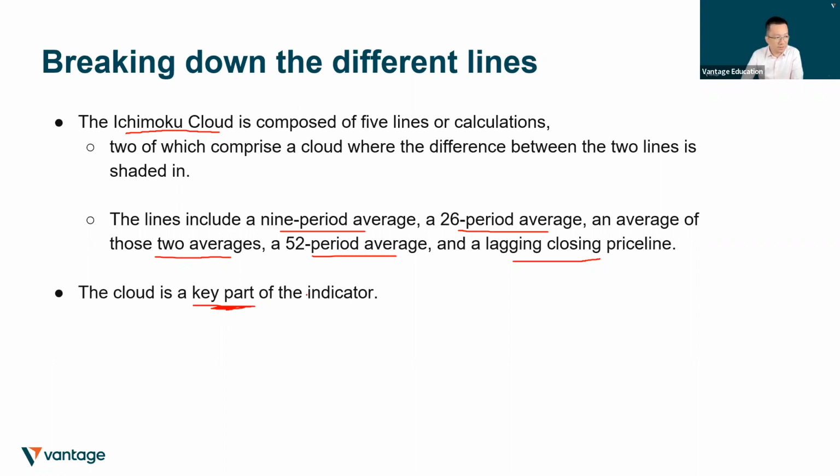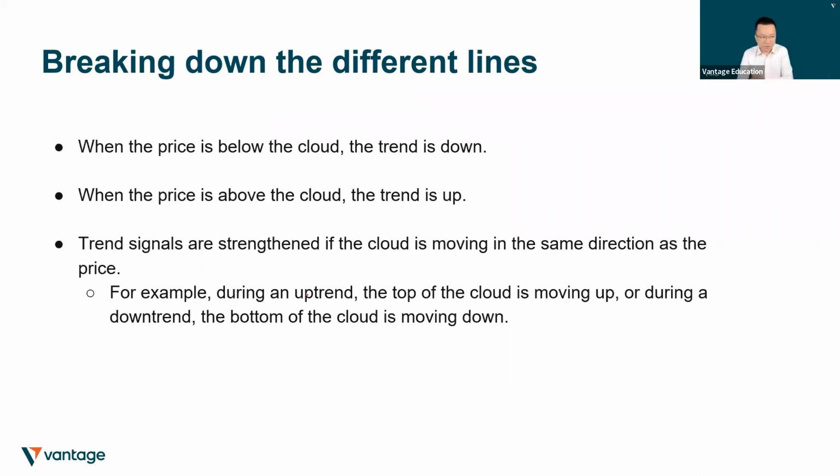What I mean by that is, when price is below the cloud, generally we look at the trend heading towards the downside. When price is above the cloud, generally price is heading towards the upside. The trend is up. But the main thing is the trend signals are strengthened if the cloud is moving in the same direction as price. For example, we have the candles moving towards the upside and price above the cloud, and you see the cloud forming that way towards the upside.